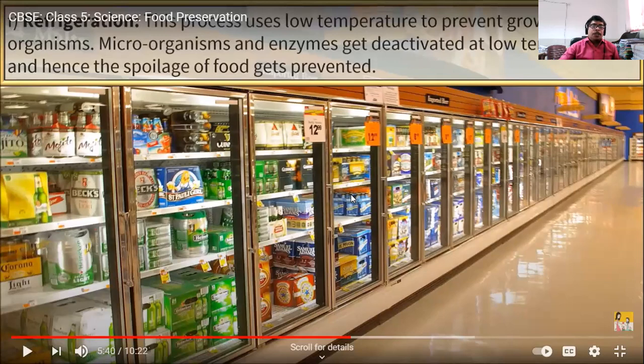The process uses low temperature. I have already told you that when we use the refrigerator at the low temperature, the microorganisms do not grow, do not multiply.